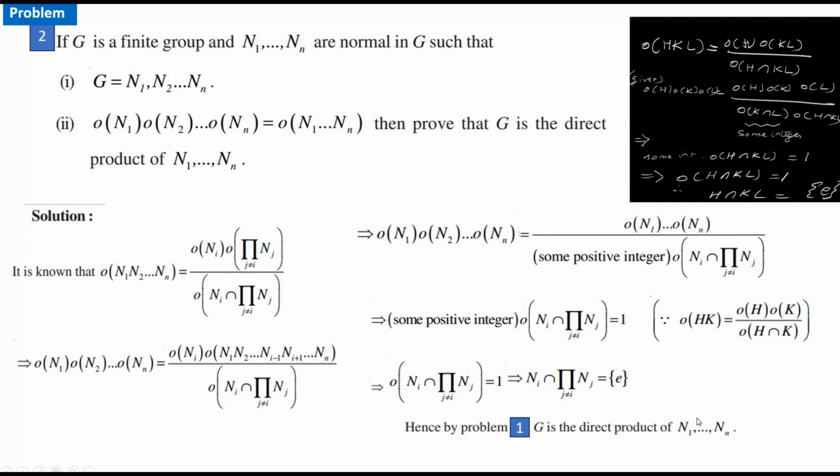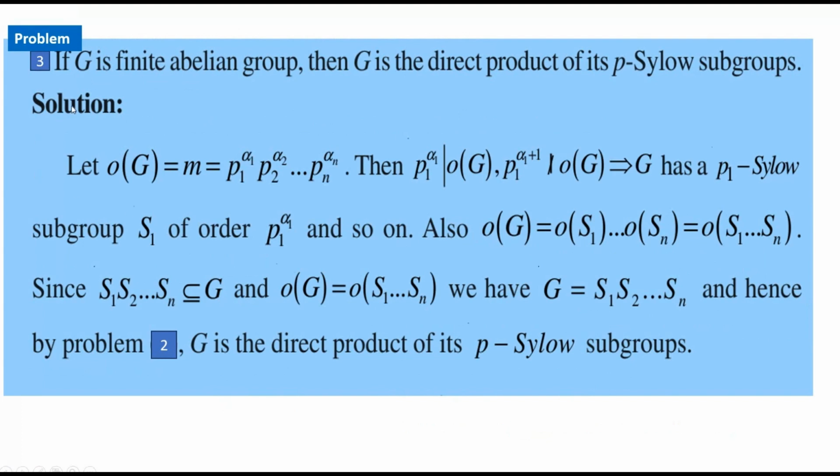Now the third one, if G is a finite abelian group, then G is the direct product of its p-Sylow subgroups. So to prove this, we make use of the previous problem. The second one we will use. So we shall consider order of G to be M. By the fundamental theorem of arithmetic, you can write this as P1 power alpha 1, P2 power alpha 2, and so on, Pn power alpha n.